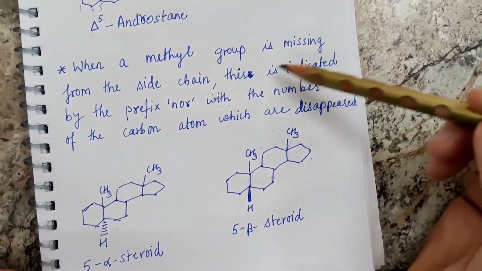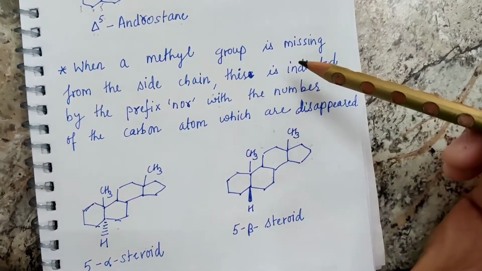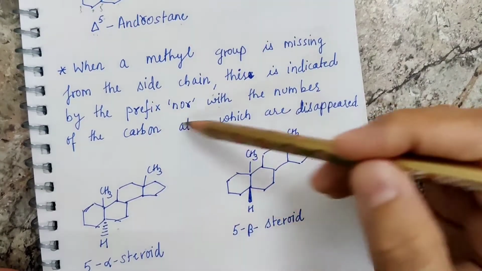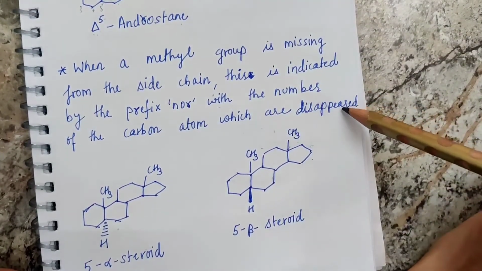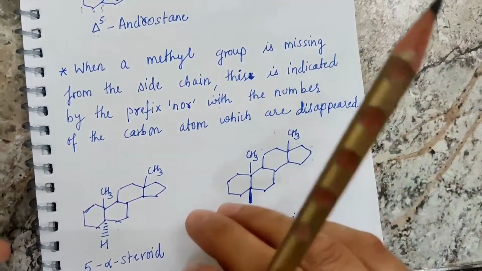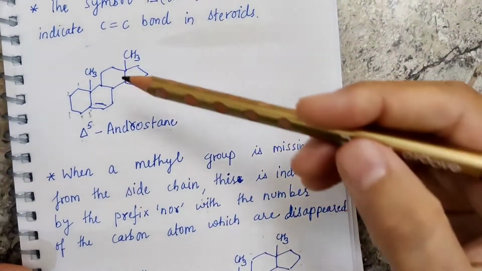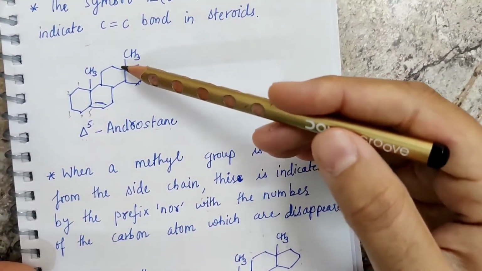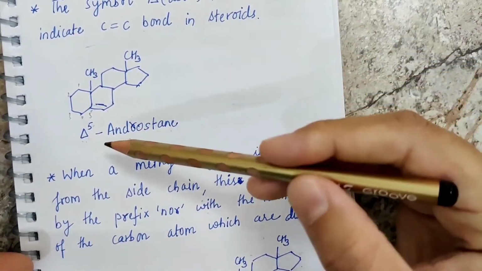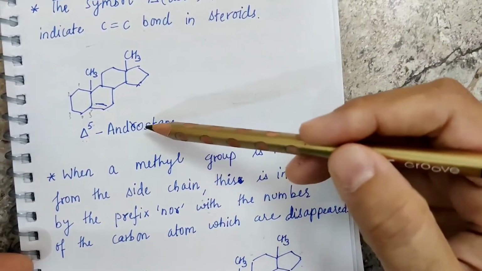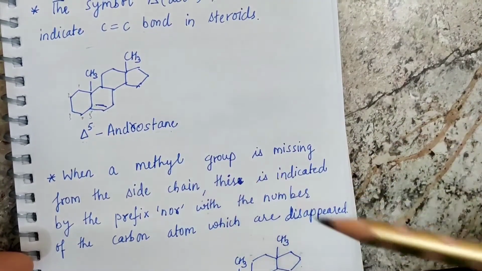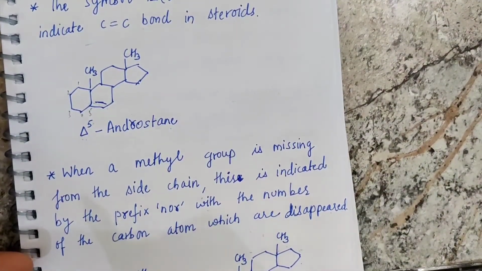When a methyl group is missing from the side chain, this is indicated by the prefix nor with the number of carbon atoms which have disappeared. Let's say we do not have this methyl group, so we will have to write nor before androstane in the beginning of this name, and you will have to mention the carbon number.